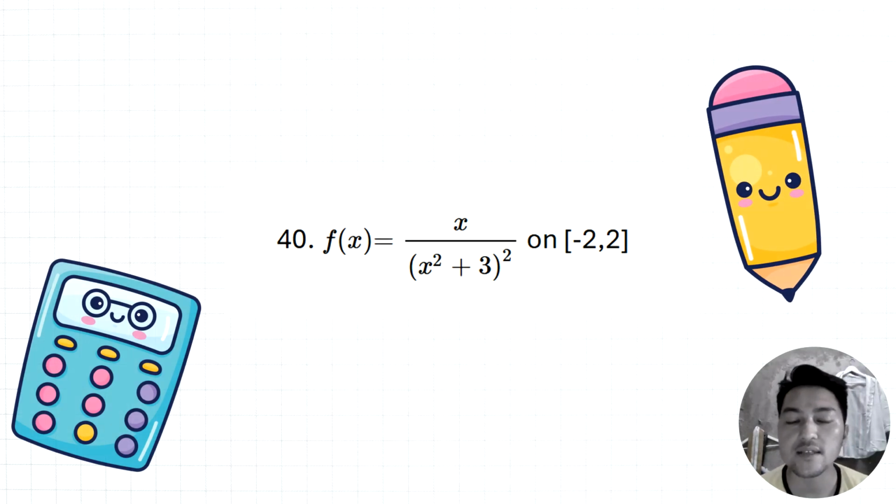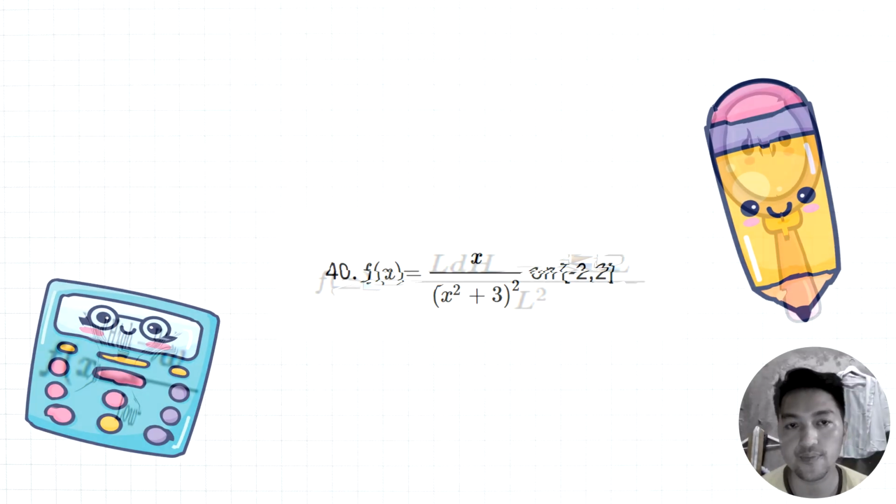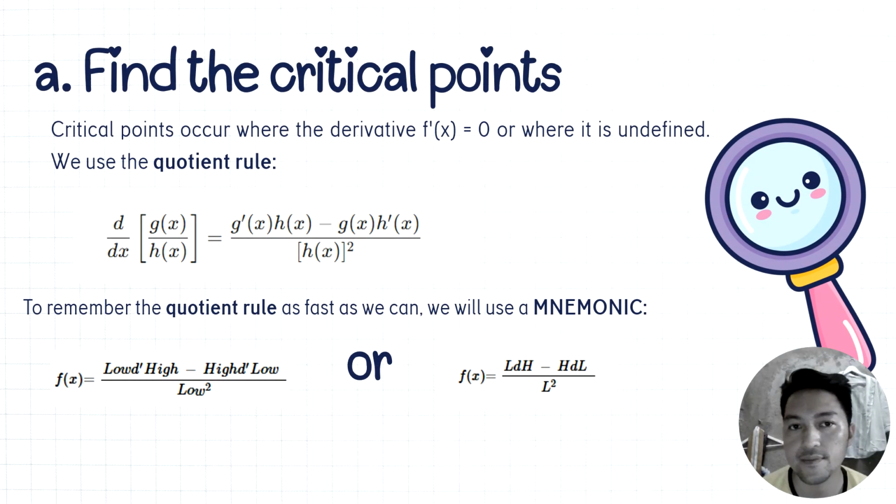The given task is number 40, where f of x is equal to x over the square root of x squared plus 3, on the interval negative 2 and 2. In our problem, we determined that there is a numerator and a denominator.